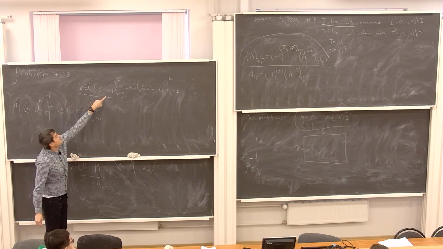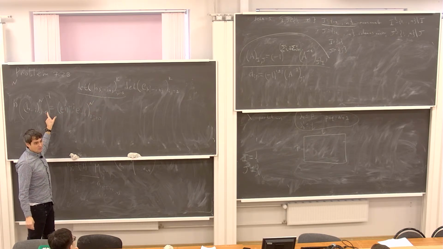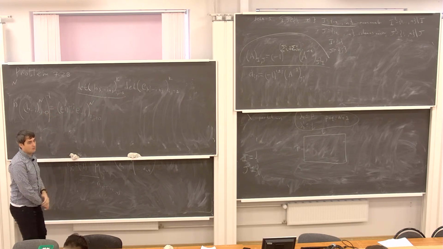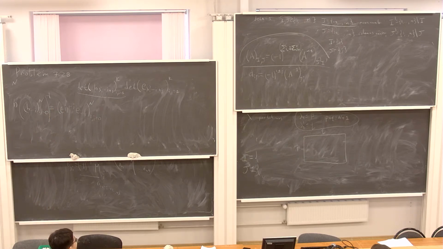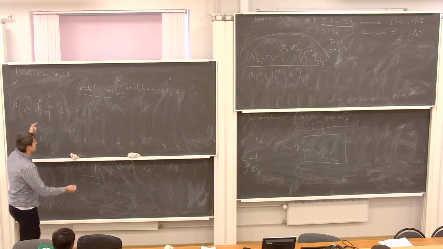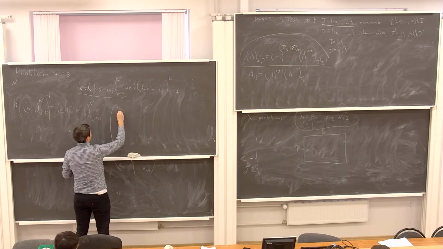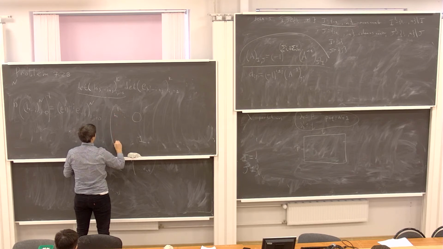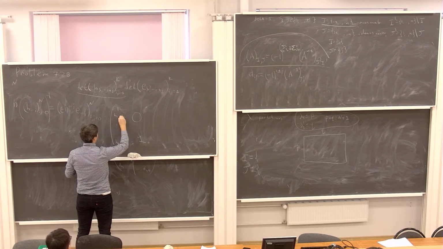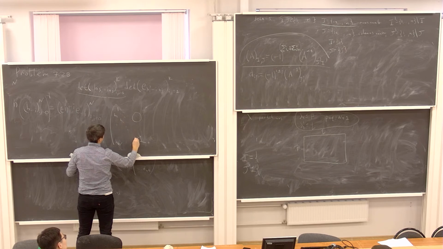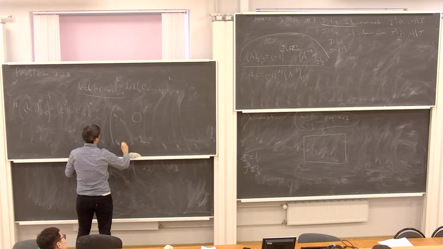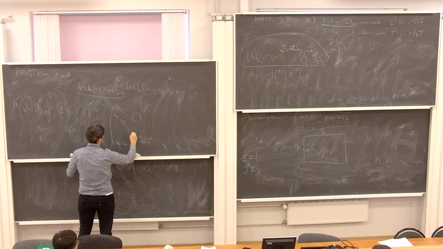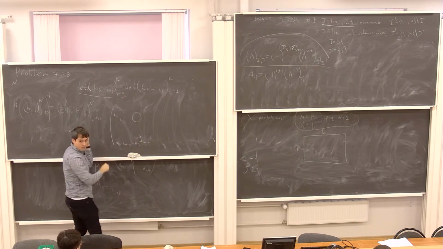Here k is less than n, okay? Let's recall how this matrix looks. It's 1, it's lower triangular, right? Here you have h1, hn, then h1, hn minus 1, then h1. Okay, this is our matrix.